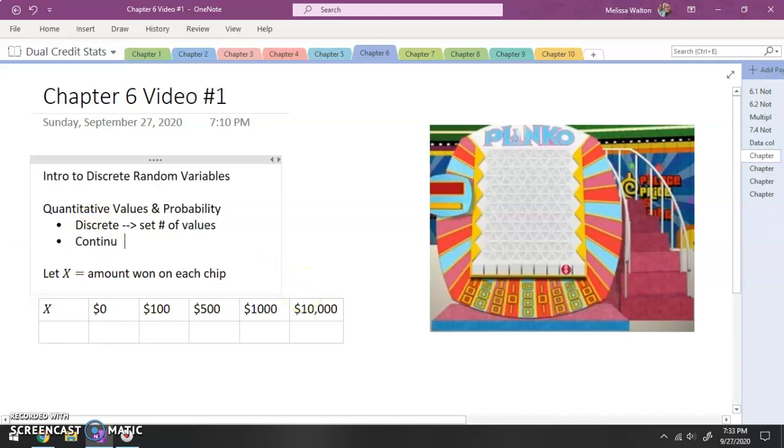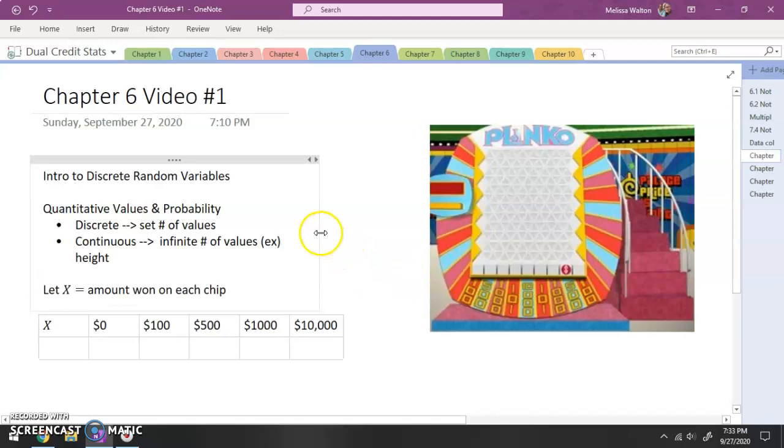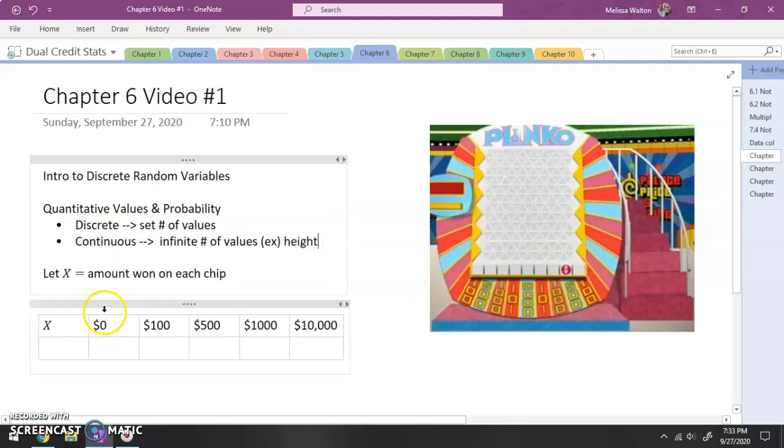However, there are certain things called continuous random variables, and that is when we have an infinite number of values. A good example of a continuous random variable would be height. We already discussed that example before. You don't jump from 4 feet to 4'1". You actually hit every single height in between those.